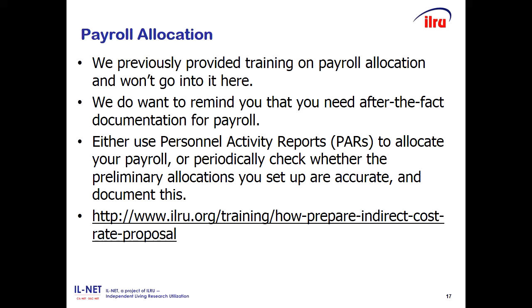If cost is disallowed by somebody who comes in and reviews you, that means that you have to give back the money, their money that you used to pay for it. So you don't want to get in a situation where it's disallowed. So we really recommend you use this payroll by payroll tracking system to know how you're allocating your payroll, and then check and make sure it's happening accurately.